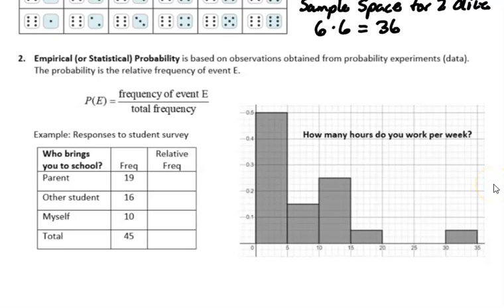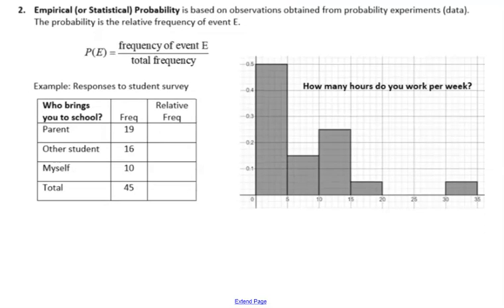Empirical or statistical probability is based on observations obtained from probability experiments. In other words, just using data. And the probability is the relative frequency of event A, or the proportion of times that it happens, the percentage of times that something happens. So remember, relative frequency is a percentage, and a percentage is another way to write a probability.